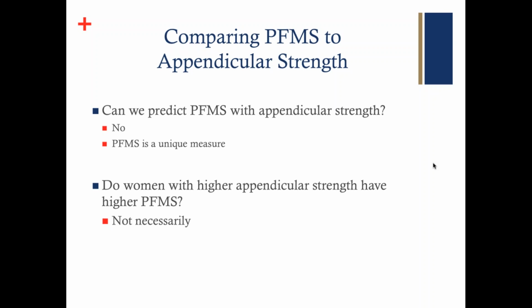Now the question: do women with higher appendicular strength, arm or leg strength, have higher pelvic floor muscle strength? I thought yes, absolutely yes. If you're stronger and you're constantly putting yourself through a higher exercise stimulus, whether it's something very pre-planned and structured in a training program, or something that's recreational, if you're doing higher work in your muscular system, you'd experience a higher strength in your pelvic floor as well.